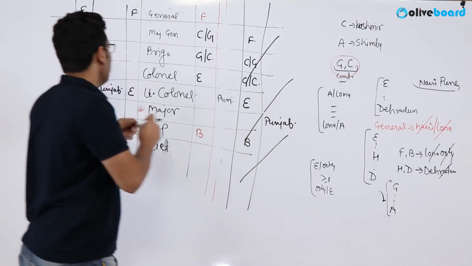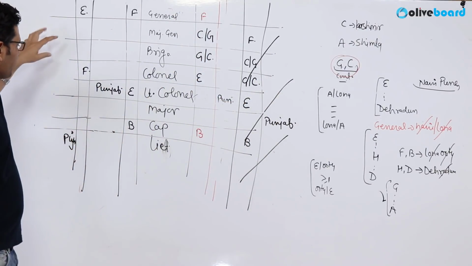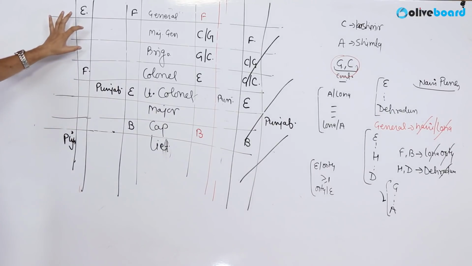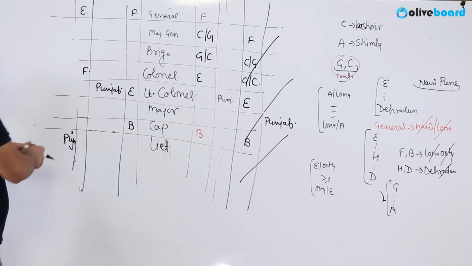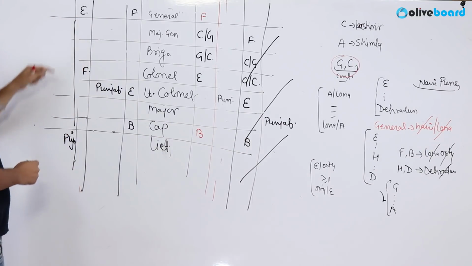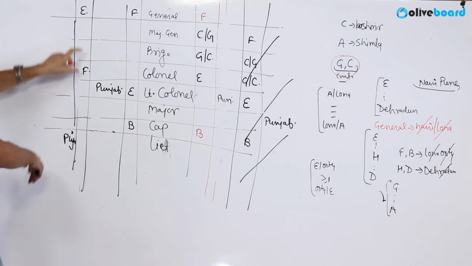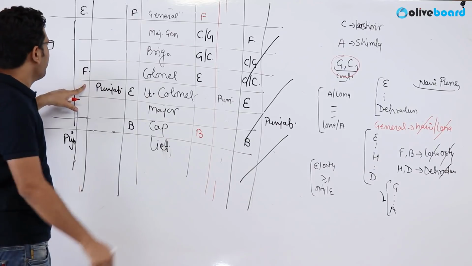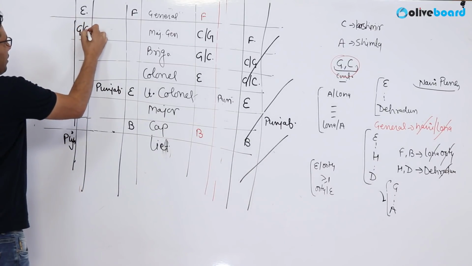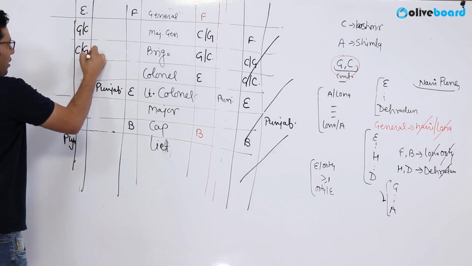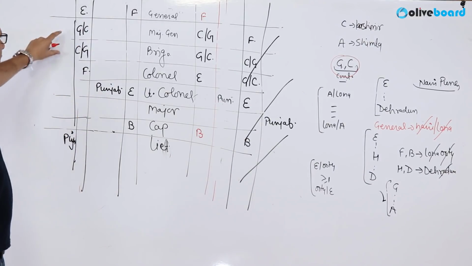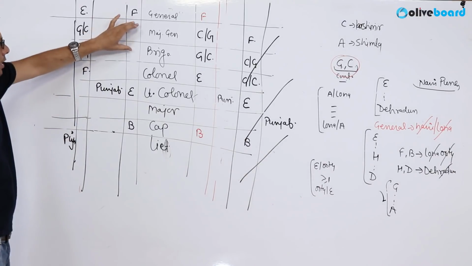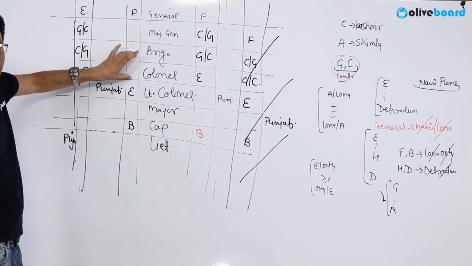Let's move here. In this scenario, I'm having two more. If I put the C and G here, then again there will be no three persons. So my C and G will be here. In this scenario there are two possible cases, CG and CG.